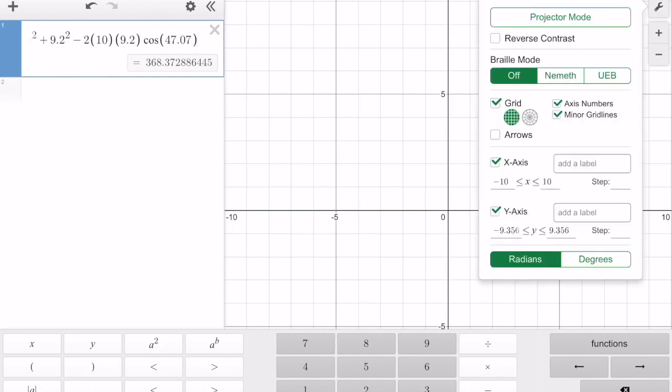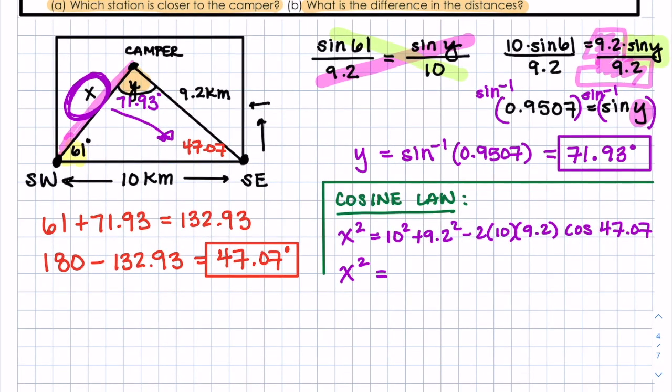And let me make sure that it is in degrees. So 59.317. And obviously I need to get rid of this square.